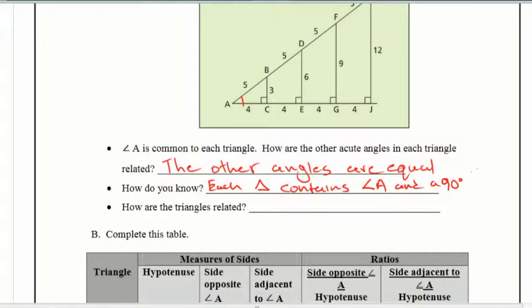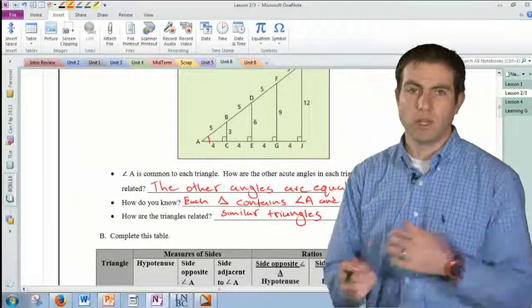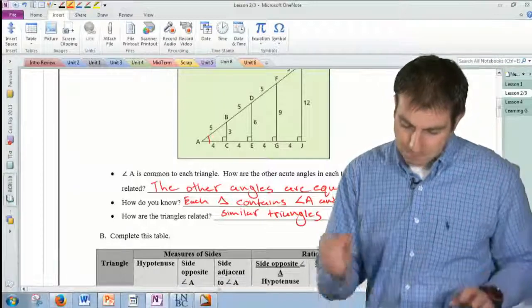So they all have that in common. So we call these things similar triangles. And similar triangles are triangles with the same angles, but the length of their sides are just a bit different. So you have smaller or larger, but they're similar because their angles are all the same.